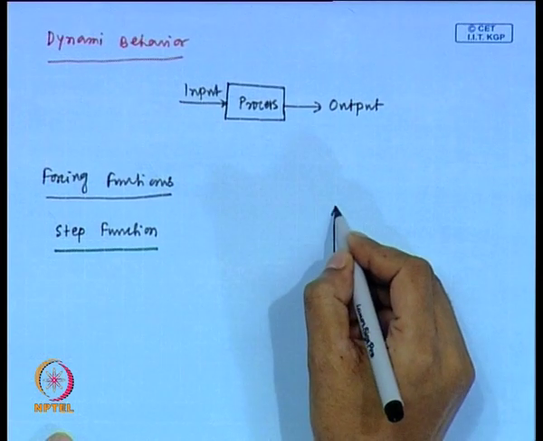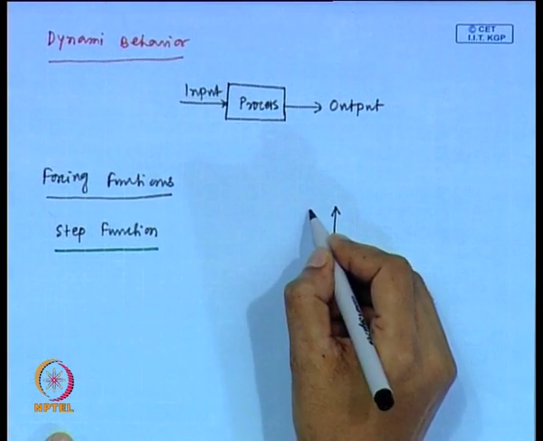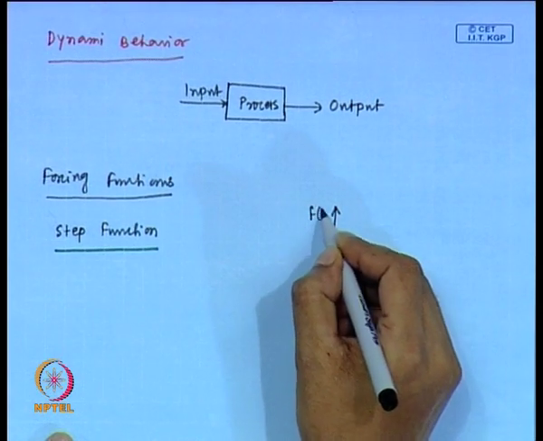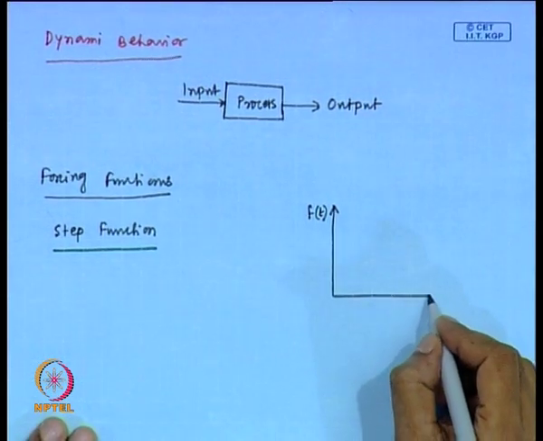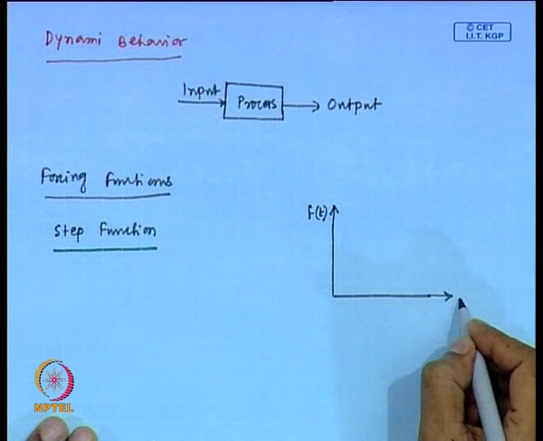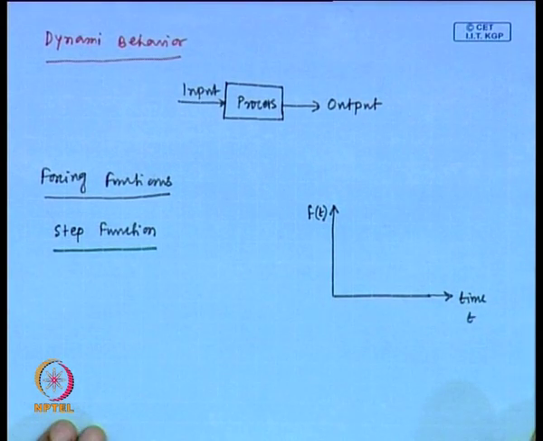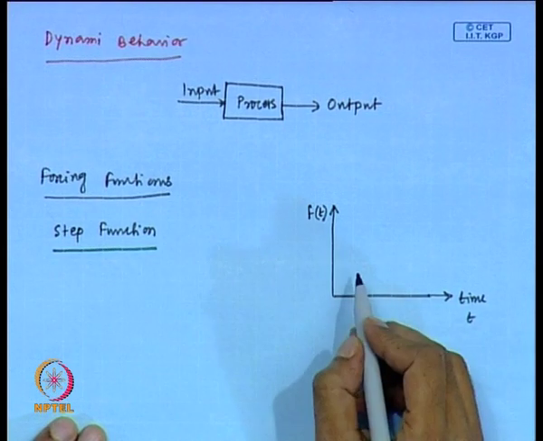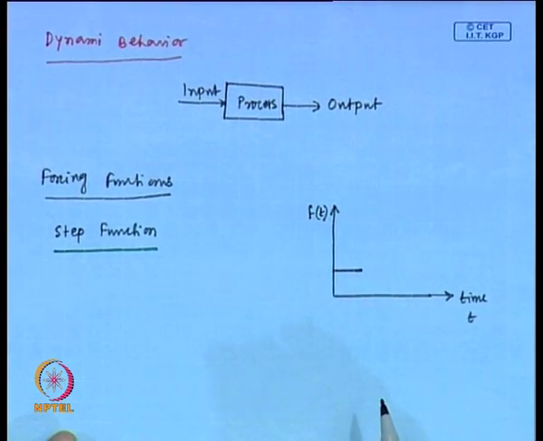The function we will represent by f. So, this is f t and this is time t. Initially, the process is at steady state condition. I mean, there is no change.